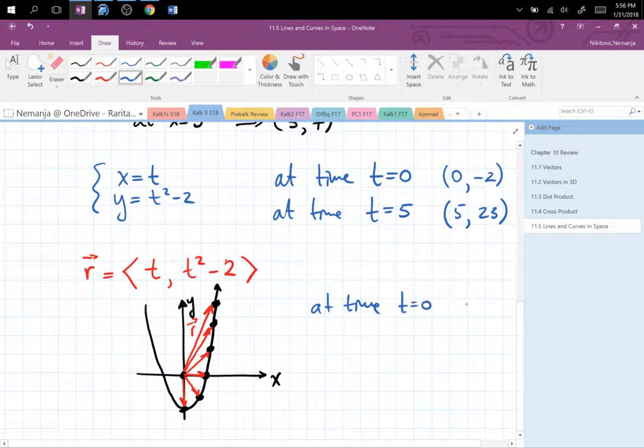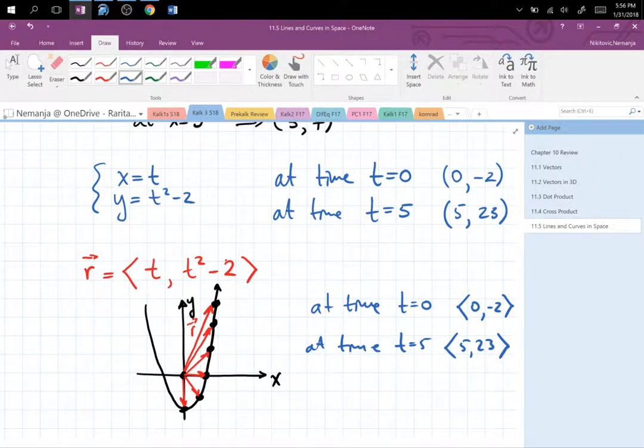So now, if I am to compute what's happening at the time t equals 0, the output is 0, -2, which is a vector. At time t equals 5, I am getting 5, 23 as a vector again. So it's not just the location in space as 5, 23 as a point, as you have up there with the parametric equations.